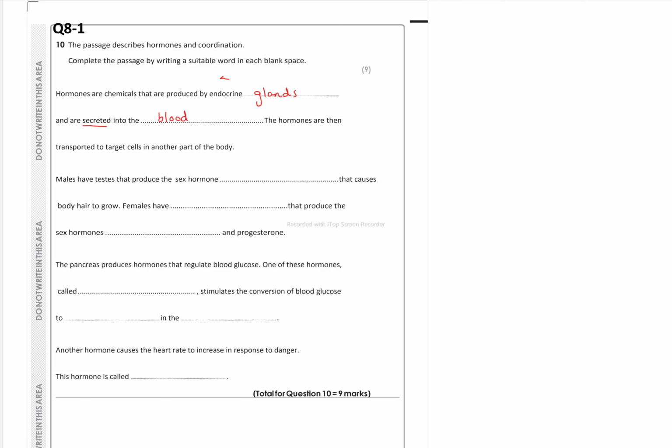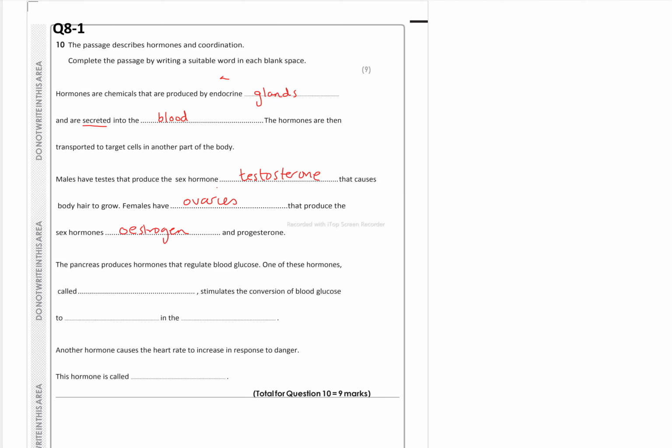The hormones are then transported to target cells in another part of the body. Males have testes that produce the sex hormone testosterone that causes body hair to grow. Females have ovaries that produce sex hormones estrogen and progesterone.